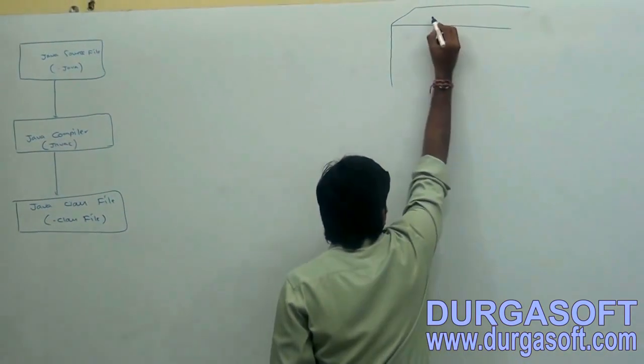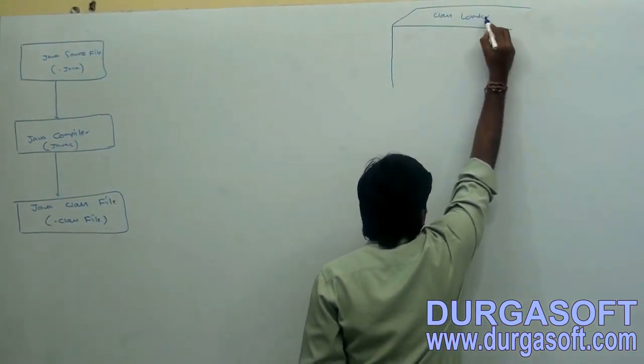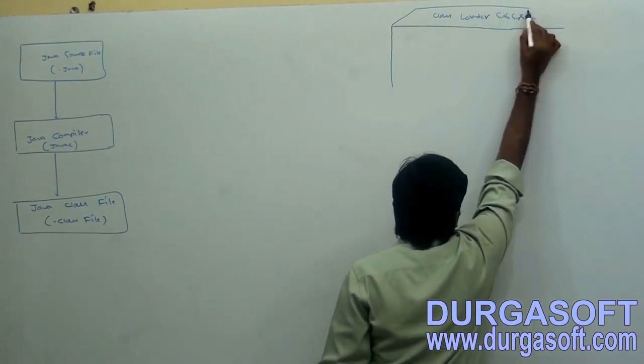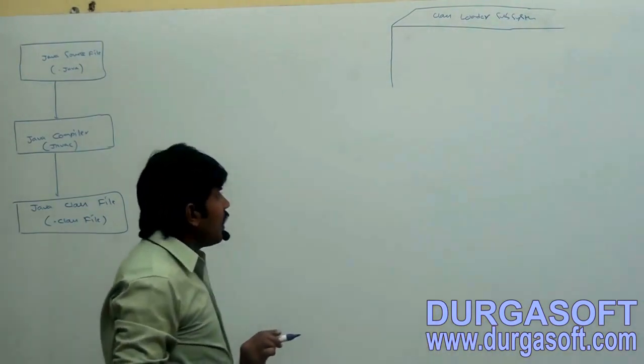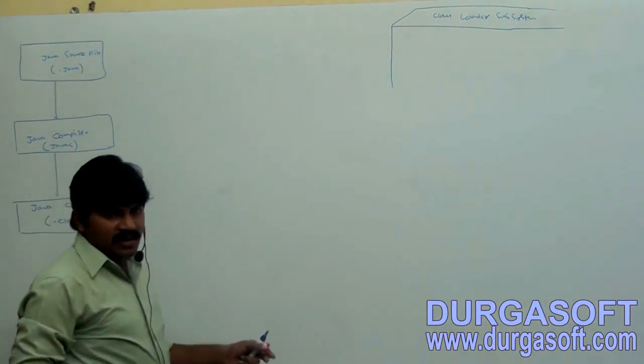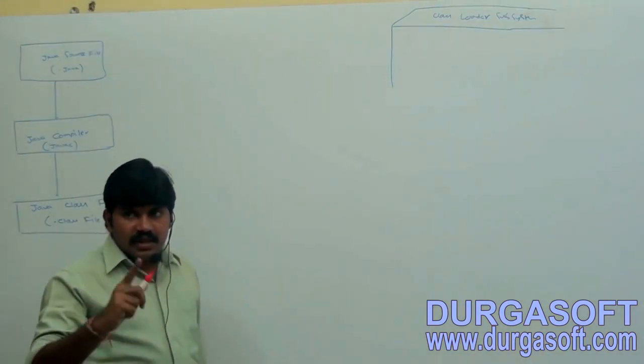In the class loader subsystem, there are mainly several parts: loading, linking, initialization.